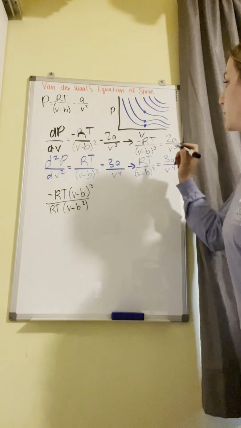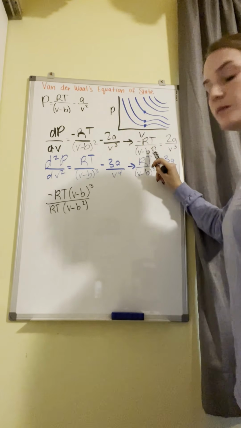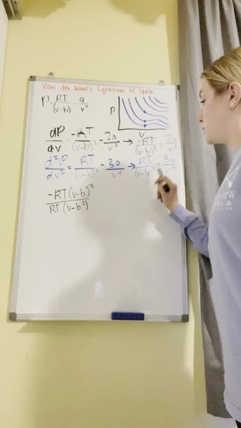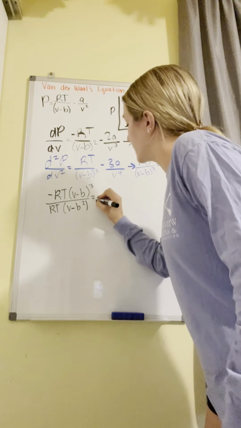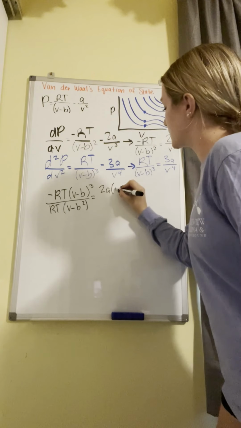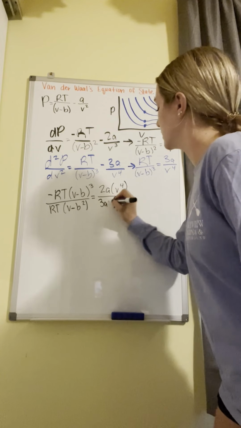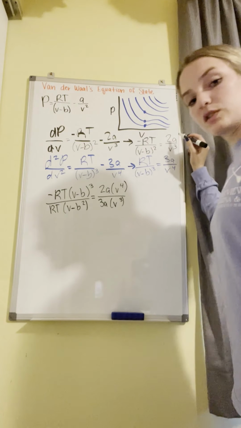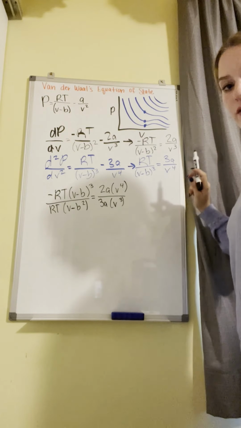We got this by taking the negative RT over V minus B squared and then multiplying it by the reciprocal, which would be V minus B cubed over RT. On the other side of this equation, we will get 2A times V to the fourth over 3A times V to the third. Again, we got this by multiplying 2A over V cubed by the reciprocal of 3A over V to the fourth.